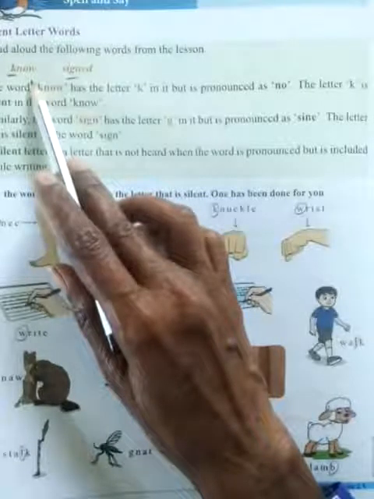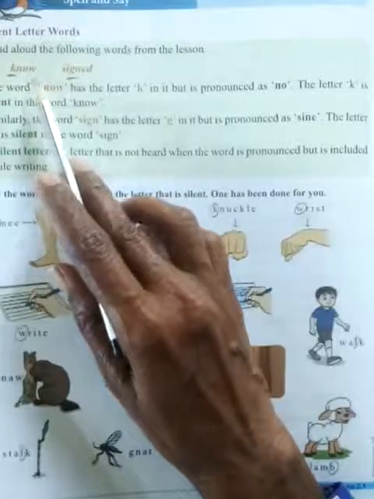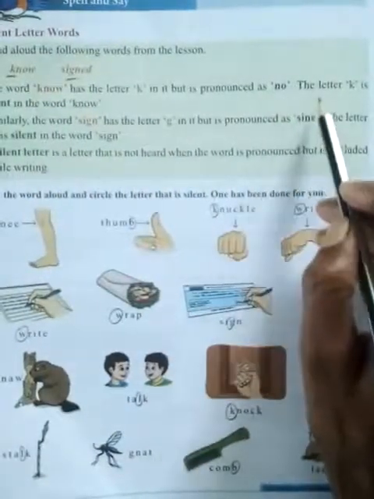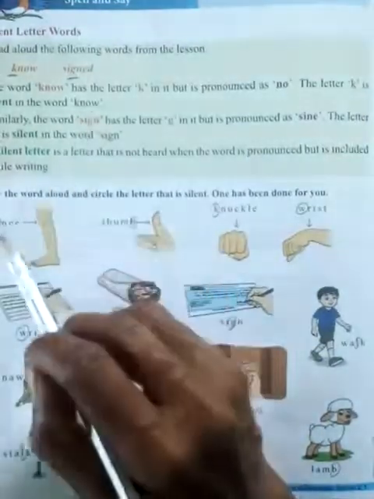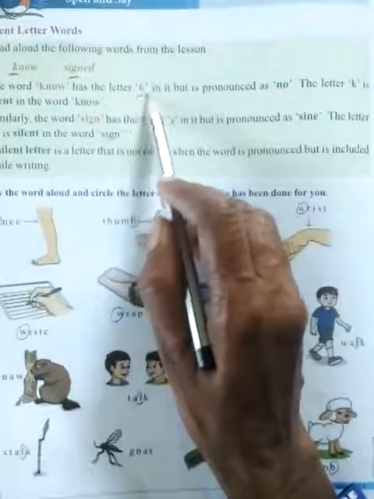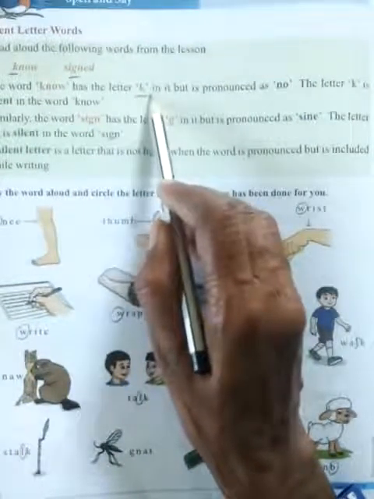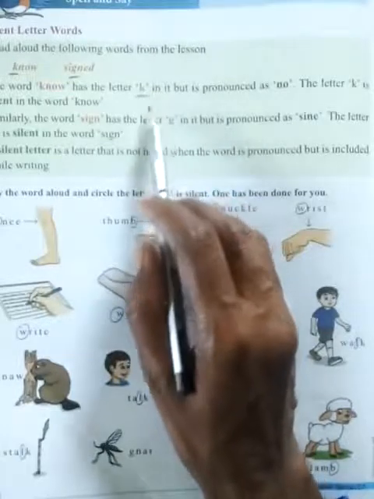But when we want to pronounce, we will only say no. The letter K is silent in the word K-N-O-W. Remember this one children. The K is silent in this word.